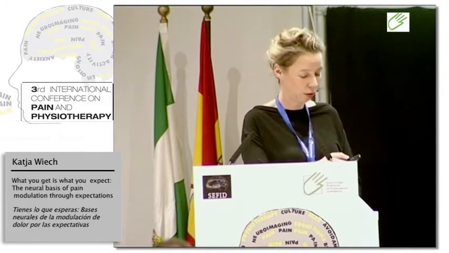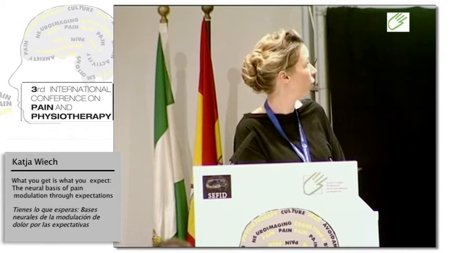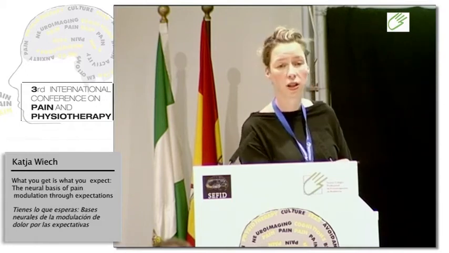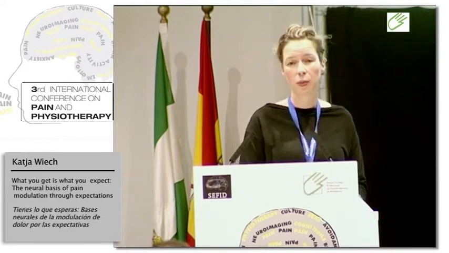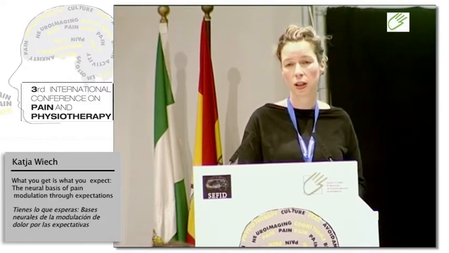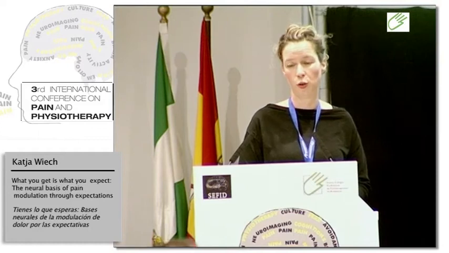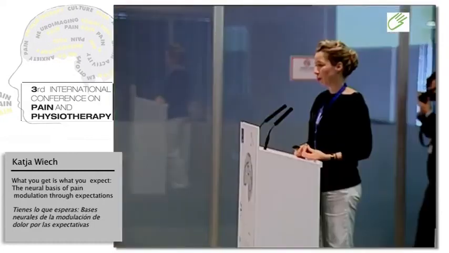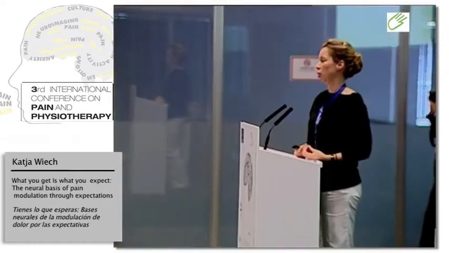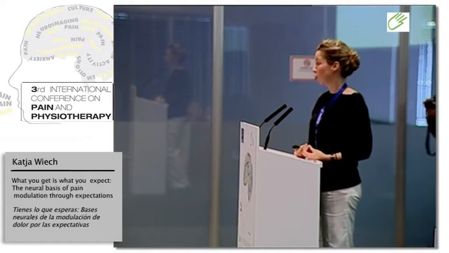We certainly have tissue damage very often occurring in the periphery, and nociceptive information traveling up to the brain. But the brain is the key organ that generates the perception of pain. So in short, without a brain, you wouldn't have any pain. Pain is not originating at the site of the injury, but it's originating in the brain.